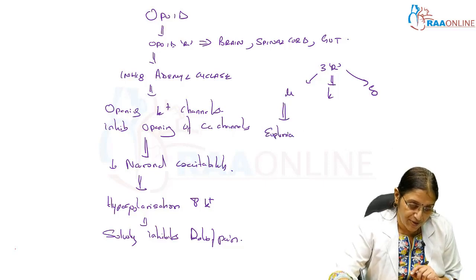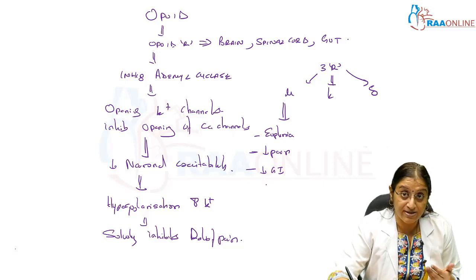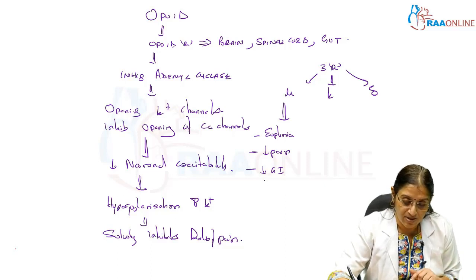It also causes decrease in pain. It also causes decrease in GI motility, so it helps in relief of diarrhea, and it causes constipation because it decreases GI motility. When there's too much diarrhea, it can inhibit the diarrhea. So the mu receptors act in such a way.